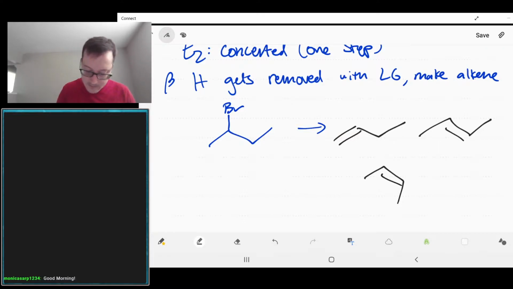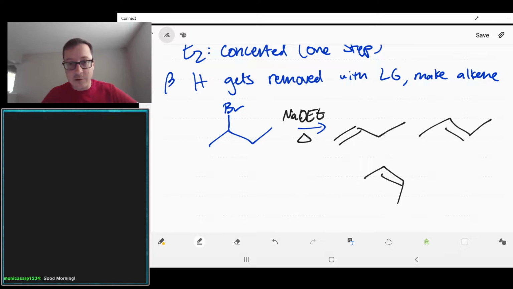Let's say we're going to use, I don't know, sodium ethoxide as our base, and we heat it up. So remember, heat is always a good thing to help with this. If we don't use a bulky base, we're going to end up with both the Hofmann and Zaitsev products.